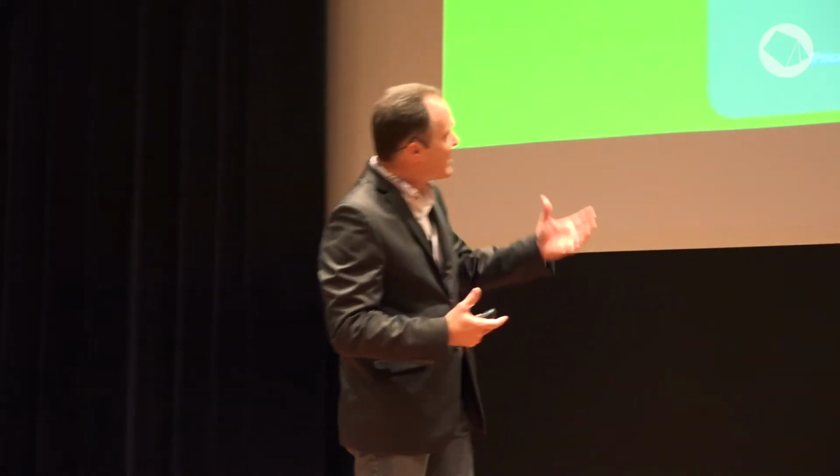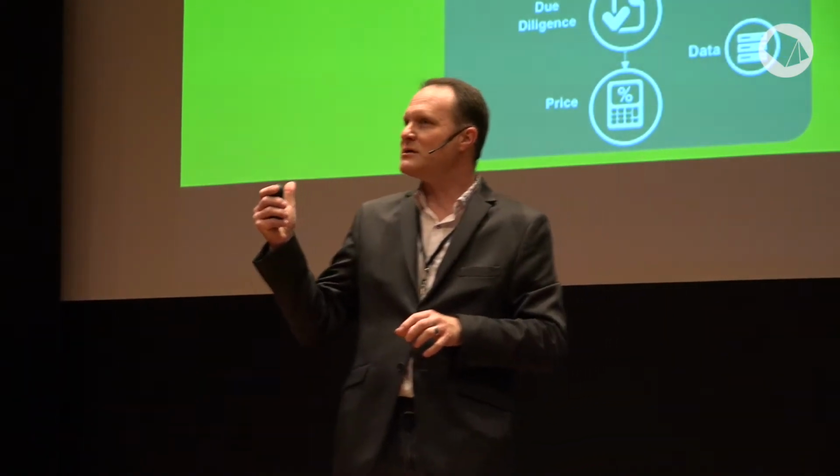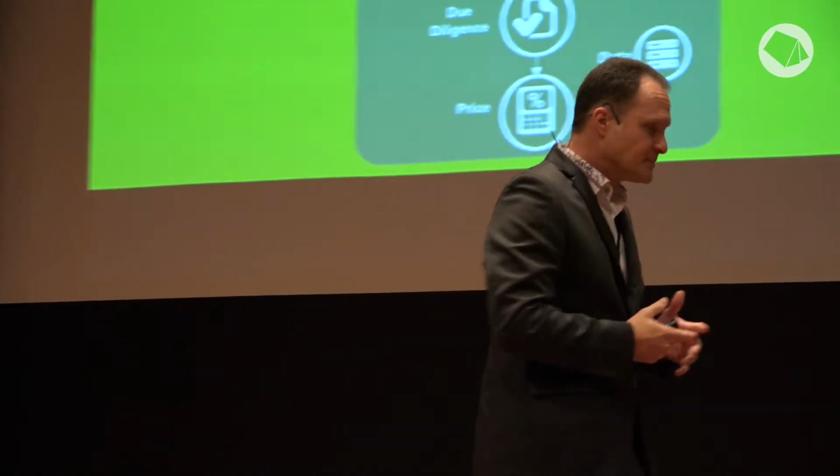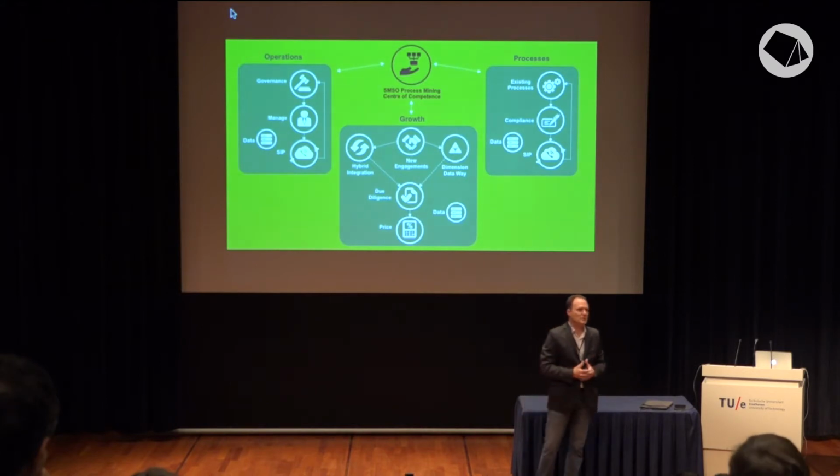And there we were very fortunate to be able to build our process mining center of competence or center of excellence on, firstly, processes and the compliance thereof, second, growth, and the third leg that we built it on, which is really the operational focus or the operational arm of it.